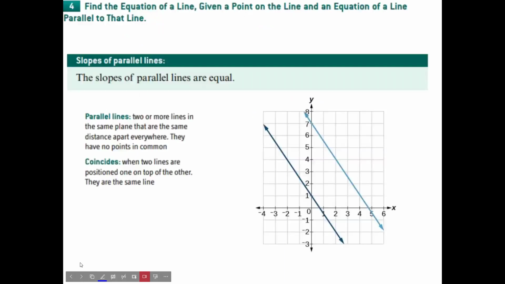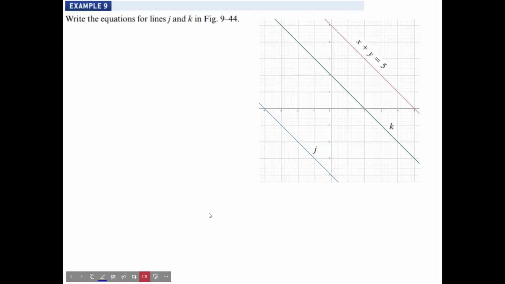So parallel lines, hope everybody knows what it is, right? So for parallel lines, slopes are equal. Equations will differ only with b. B would be different. So let's see. We have a line and we need to write the other two lines.